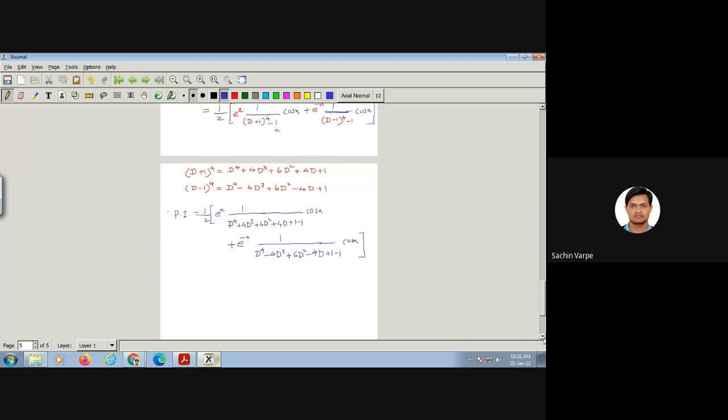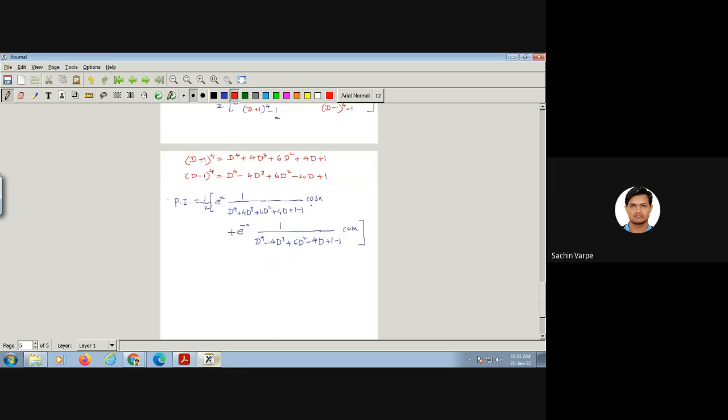Okay. Now we use the case of cos. What cos says is, replace D square by minus a square, where a is 1 here.